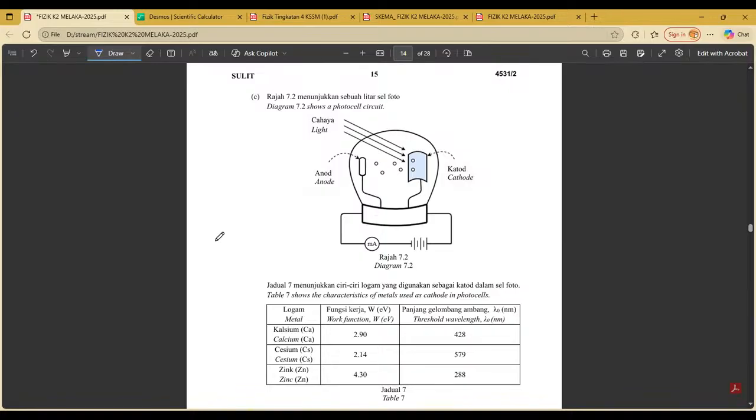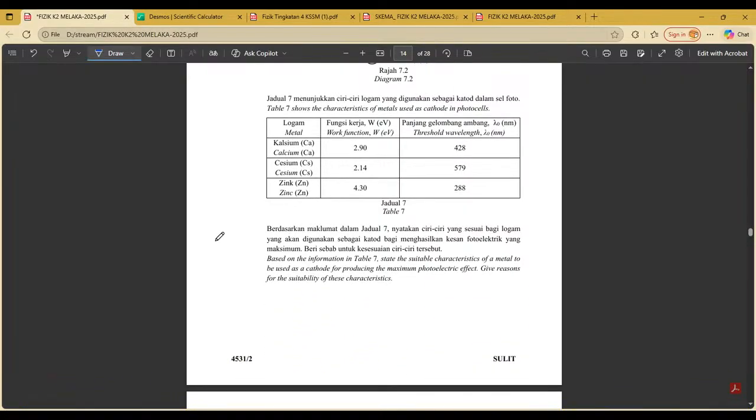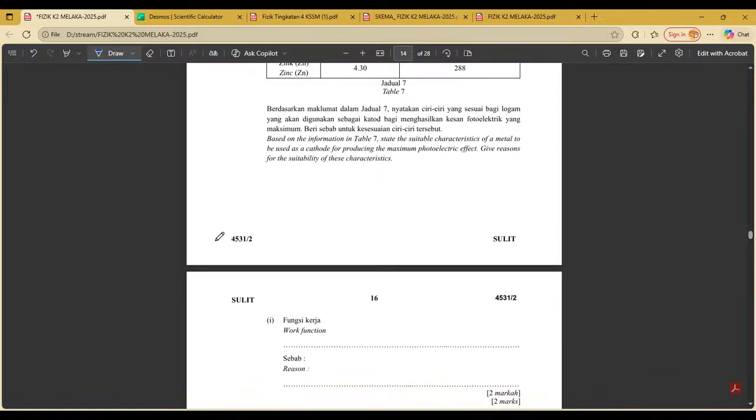Diagram 7 shows the characteristics of metals used as cathode in photocells. Based on the information in table 7, state the suitable characteristics of a metal to be used as a cathode for producing the maximum photoelectric effect. Give reasons.